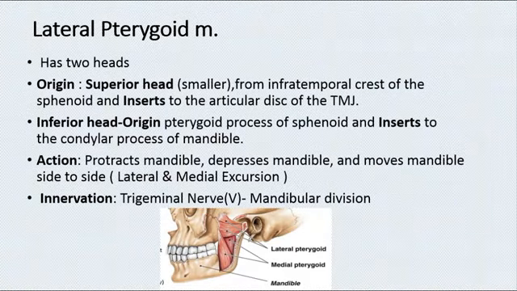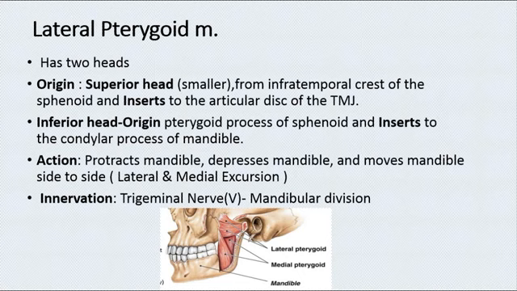The lateral pterygoid muscle is the only opener. It has two heads. The superior head is the smaller, and originates from the infratemporal crest of the sphenoid and inserts to the articular disc of the temporomandibular joint.